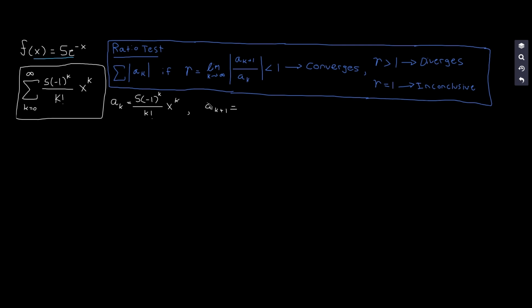To find a sub k plus 1, all you really have to do is plug in k plus 1 everywhere you see k. So, 5 times negative 1 raised to the power of k plus 1, because there was originally a k there, over k plus 1 factorial, times x raised to the power of k plus 1.